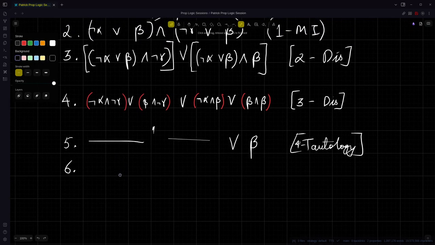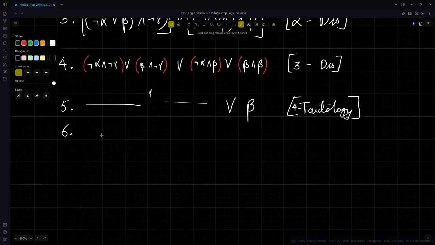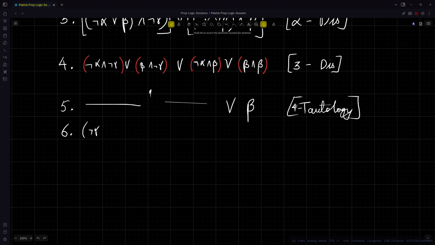We'll see. So then let's say, negated gamma, and then in brackets... Wait. No, hold on. There should be an easier way to do this.